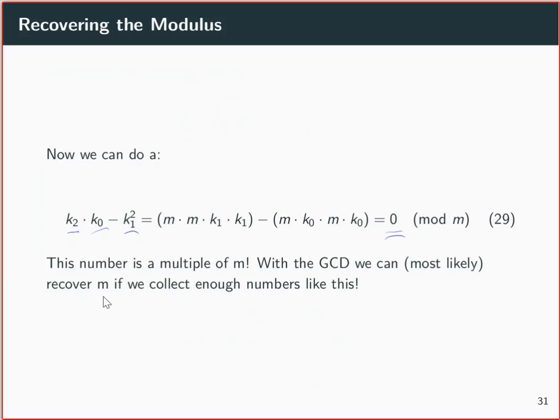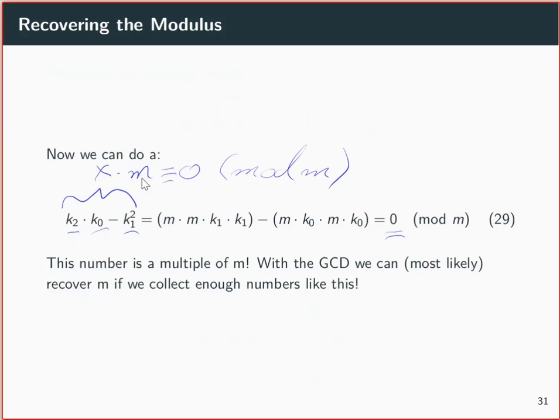not the multiplier, not the increment, just outputs, and generates a number that's 0. So this number is a multiple of the modulus, right? Because that is 0 mod m. Everything 0 mod m is a multiple of m, because the remainder, by dividing it by m, is 0.